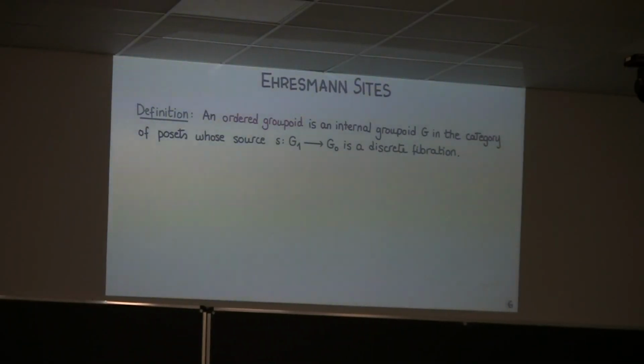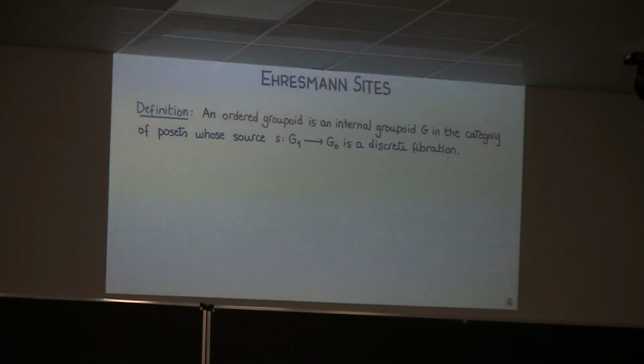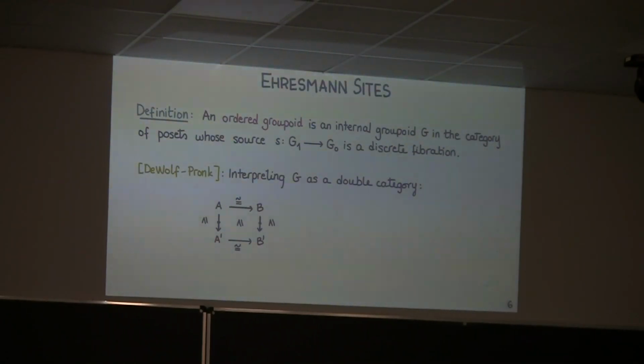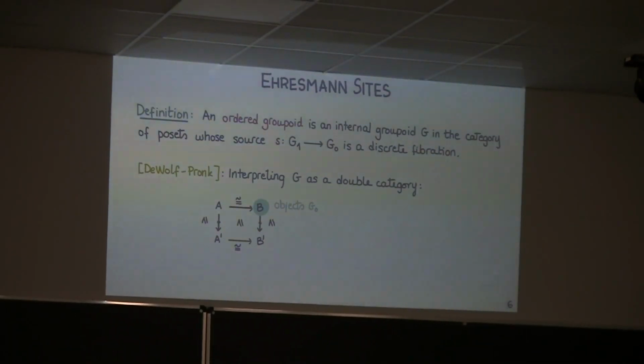So an ordered groupoid is just a groupoid internal to the category of posets, such that the source map is a discrete fibration. And if we express it double-categorically, we have two-cells like this, in which the objects are given by the objects of the poset of objects.